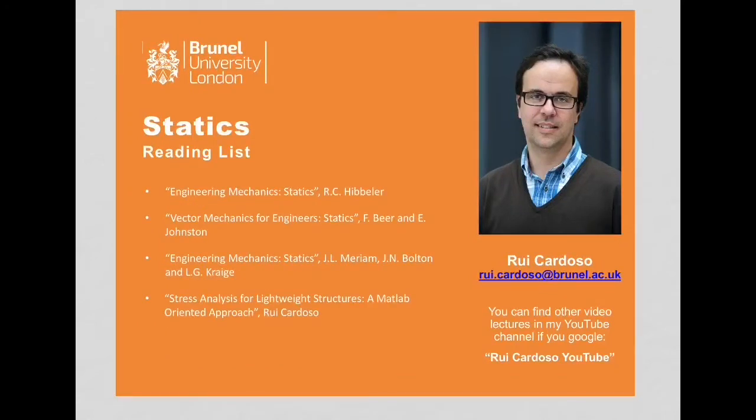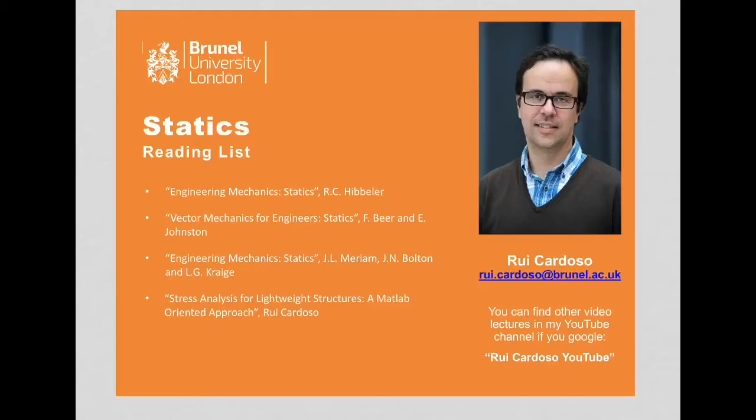I would like also to say that all the examples I will be doing in these lectures and tutorials, not all of them, but many of them, were taken from these recommended books I have listed here in this slide. Engineering Mechanics Statics from Hibbeler, Vector Mechanics for Engineers, Statics from Beer and Johnston, Engineering Mechanics Statics from Meriam, Bolton and Craig, and also from my own book, Stress Analysis for Lightweight Structures, a MATLAB-oriented approach.